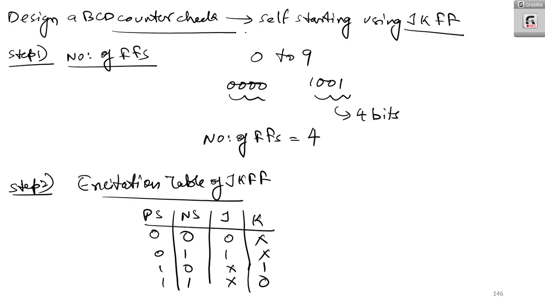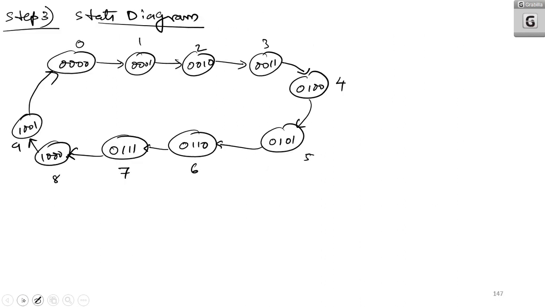It can go to any state. That means it can go to 1 or it can go to 0. But now I am taking it as 1. No problem.